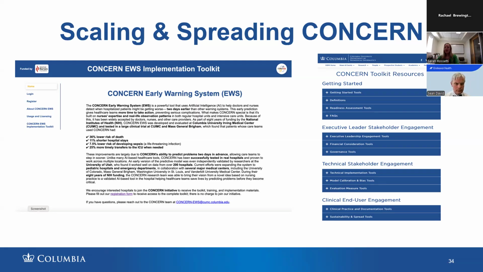And so we'd be happy to engage with any sites that are interested in this, and just enter into an academic research license. And we don't have research funding for other sites, but if a health system was willing to absorb any of the implementation costs, which are relatively low compared to some things, then we would be happy to proceed. So if you're interested, check out the toolkit, and we could talk.